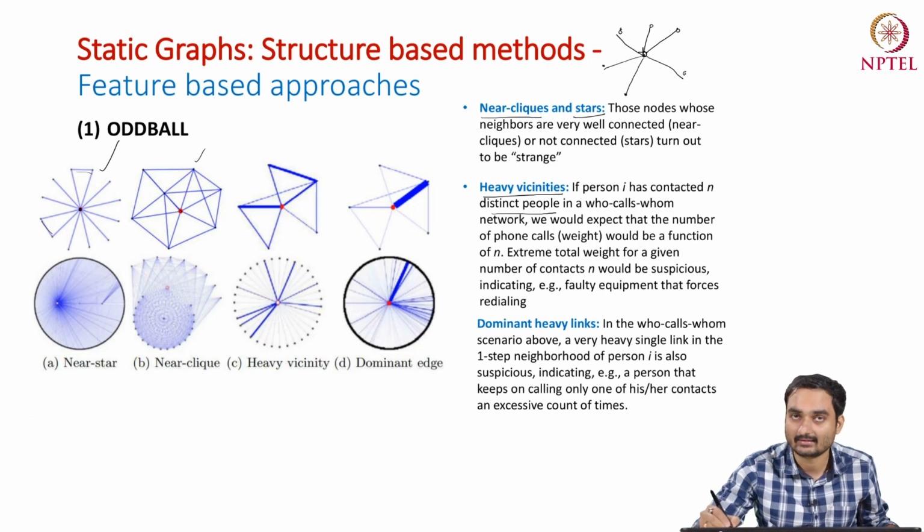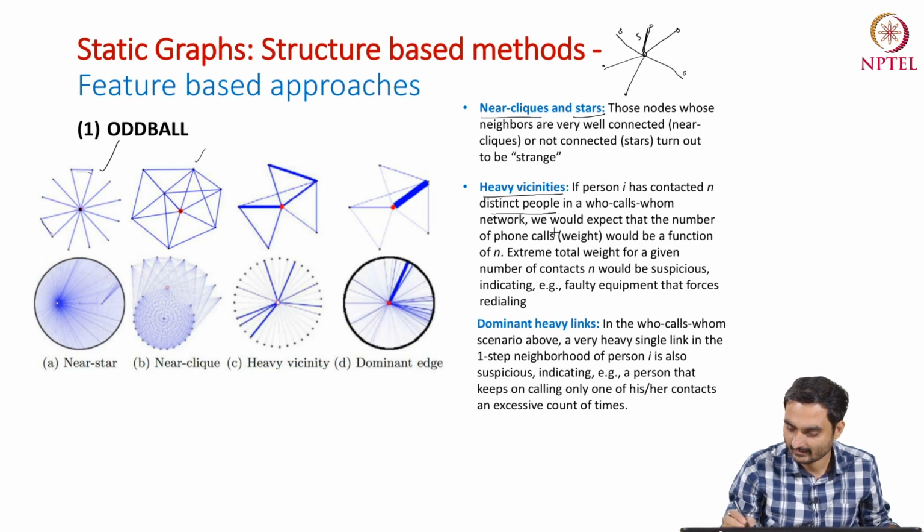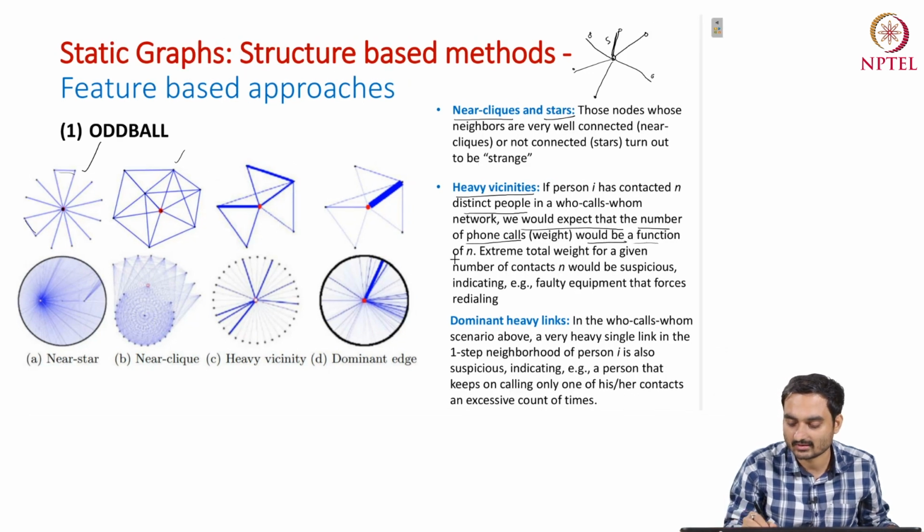The weight associated with an edge indicates the number of times the ego has called an alter. So 5 means this guy has called this guy 5 times, and so on and so forth. We would expect that the number of phone calls, which is the weight, would be a function of n, it should be of order n.